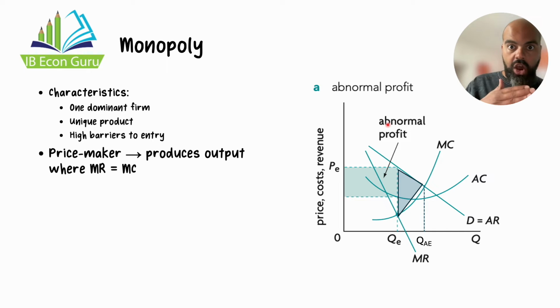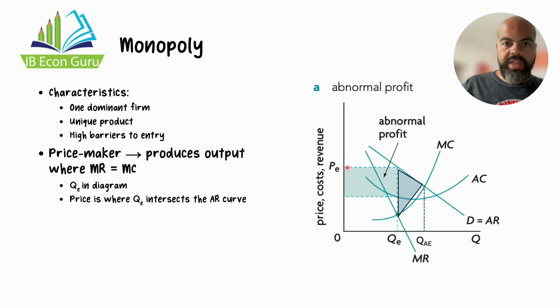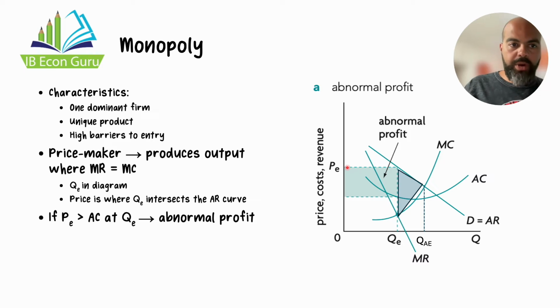So when AR is greater than AC at the profit maximizing output, which is QE in the diagram, that means the monopolist is making an abnormal profit. So remember, when PE or AR is greater than AC at QE, the profit maximizing output, there's an abnormal profit.